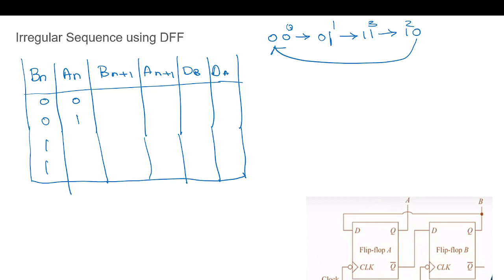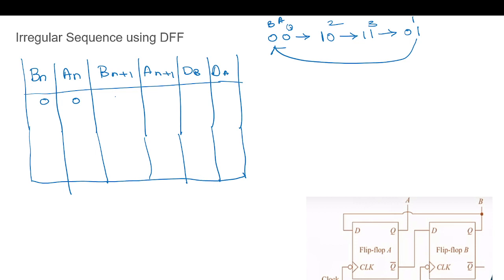With this I will fill, and I'm considering this as B and this as A. Or let's make it some more irregular. Okay, so it's 0 2 3 1.